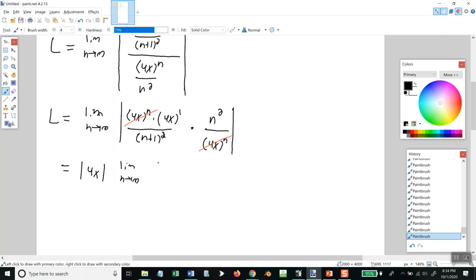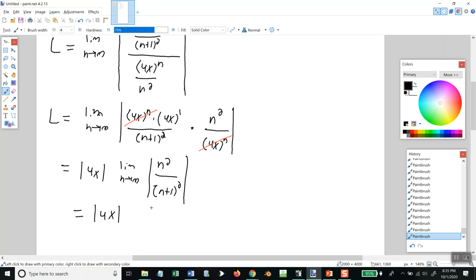And I'm left with n squared over n plus 1 squared. Now, if I were to FOIL this, it gives me n squared plus 2n plus 1. I'd have an n squared here and n squared here. If I kept taking the derivative using L'Hopital's rule, what would this equal? 1.